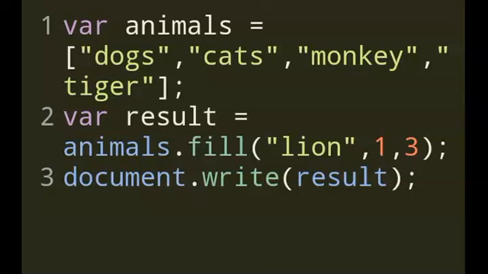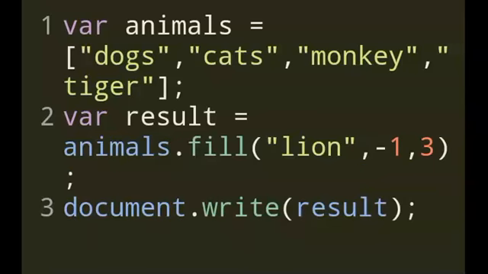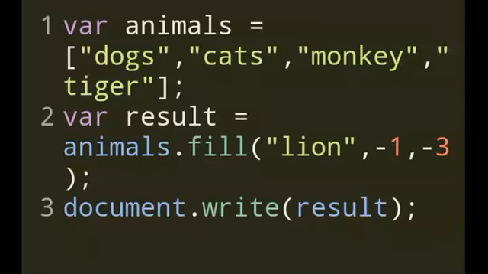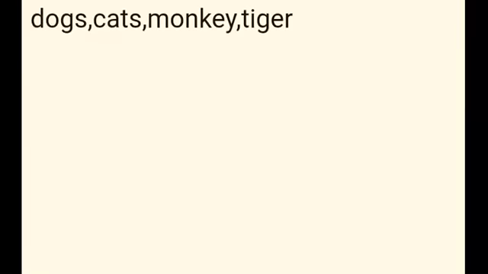Now let me consider another example. Let me add a negative index. So let's say -1, -3. So what happens? Dogs, cat, monkey, tiger.